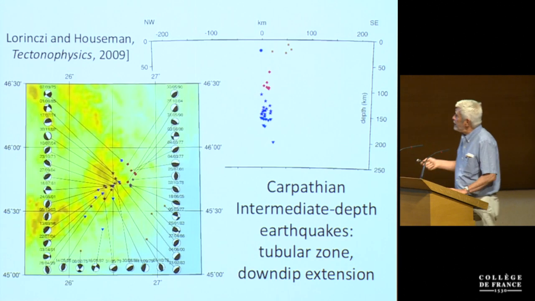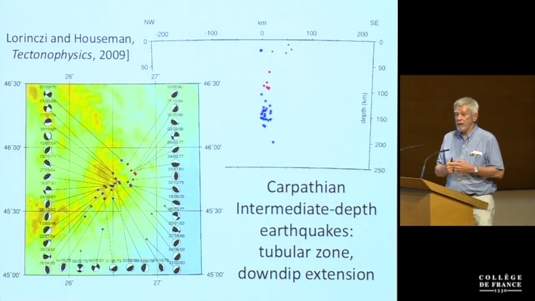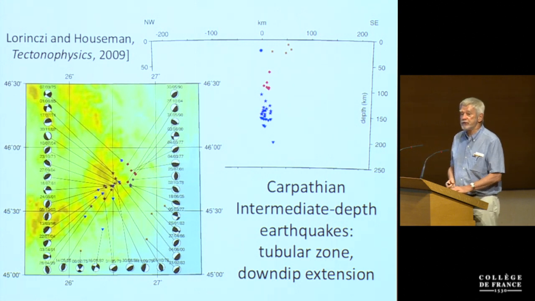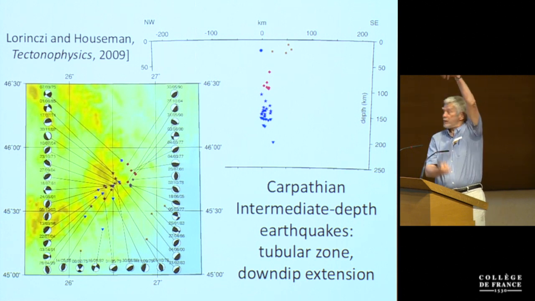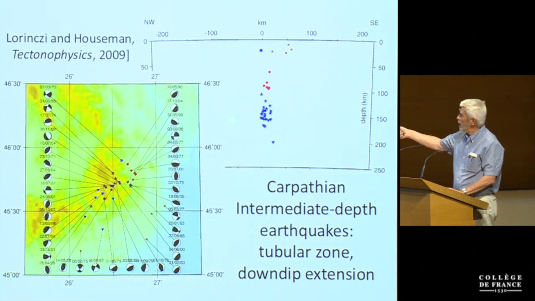If you look at a blow-up of the region, again, this is the corner in the Carpathians. These are the same diagrams as before. The only thing that you have to know is that almost every one of these consistently shows vertical extension. The region is being stretched vertically in a zone. The seismicity goes in a vertical zone, down to about 200 kilometers depth.